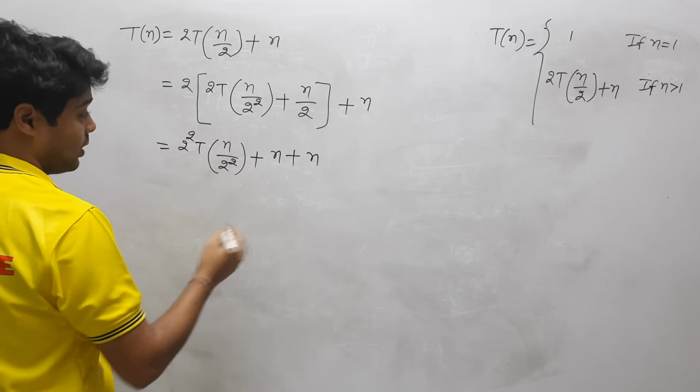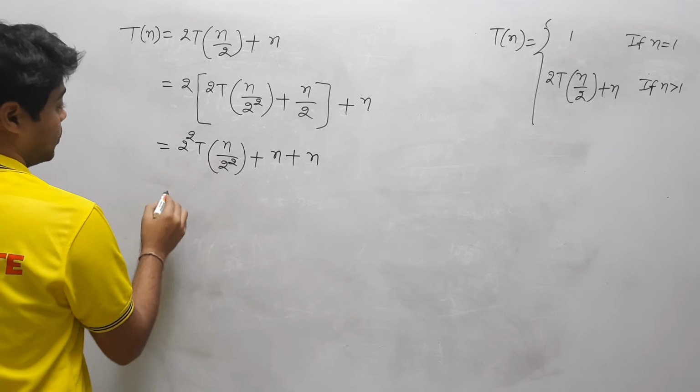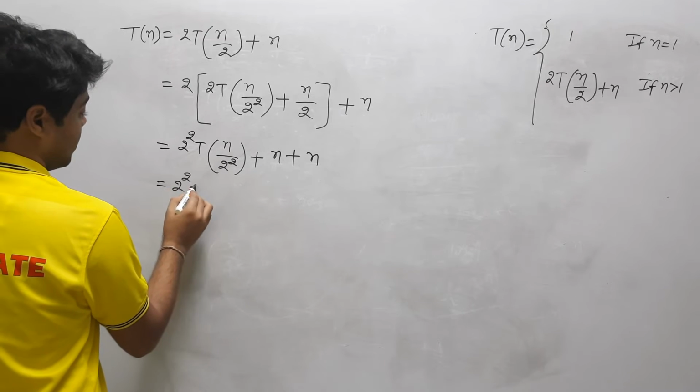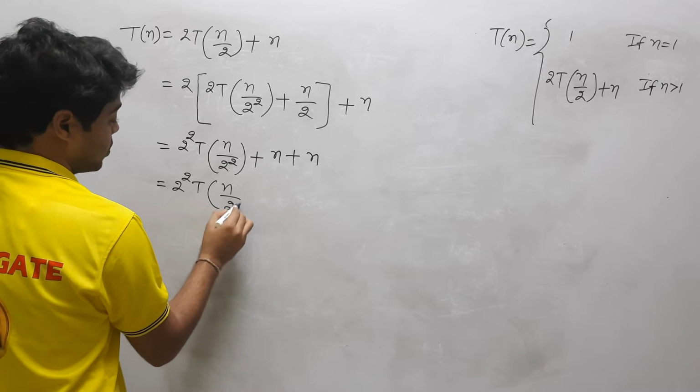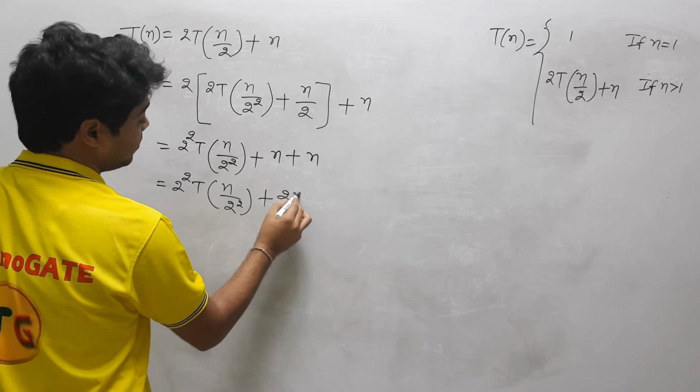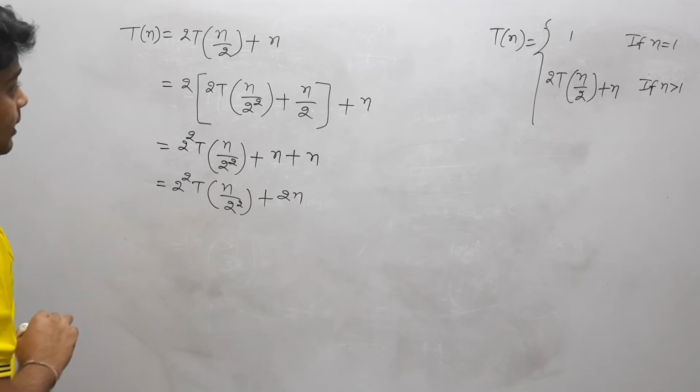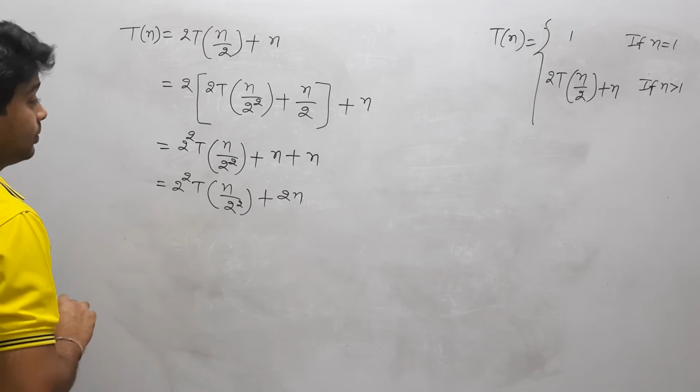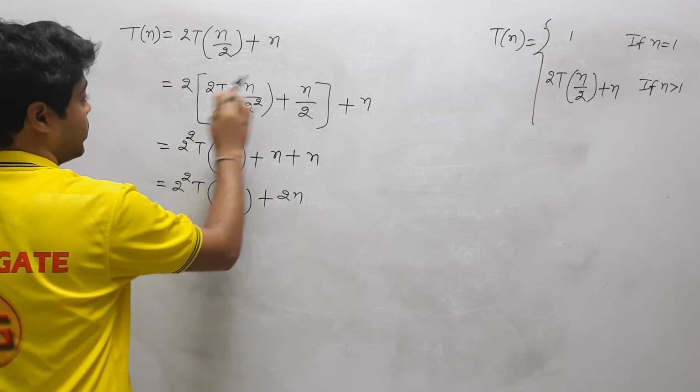What is this? This is 2^2 T(n/2^2) + 2n, because 2 into n/2 cancels out.